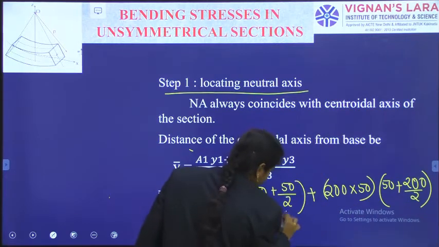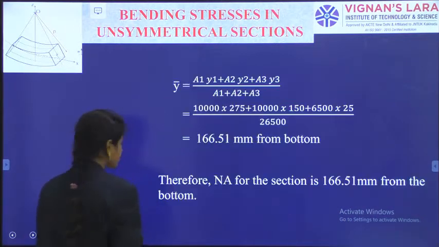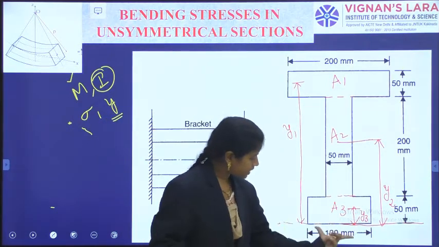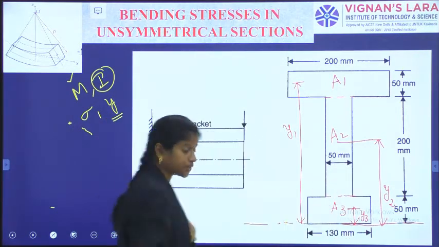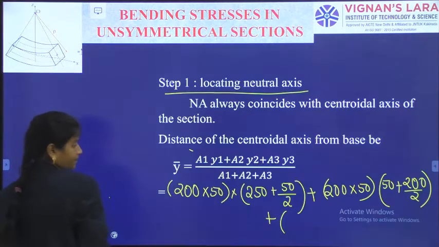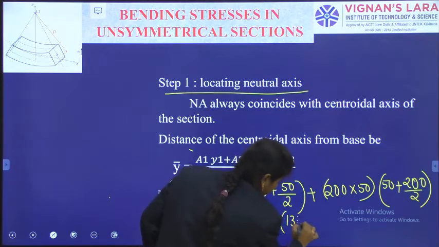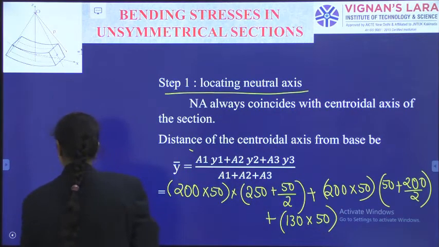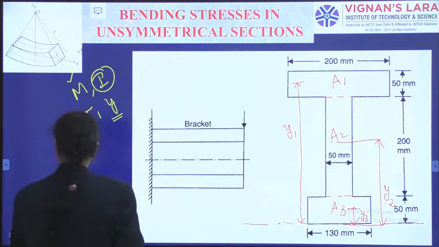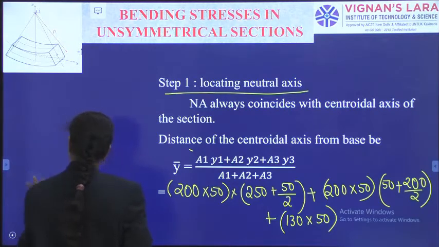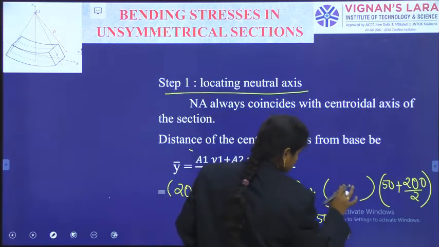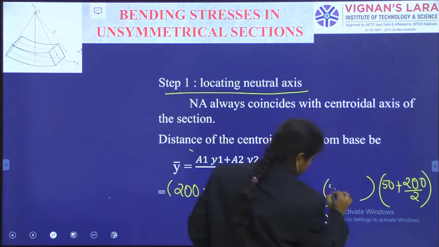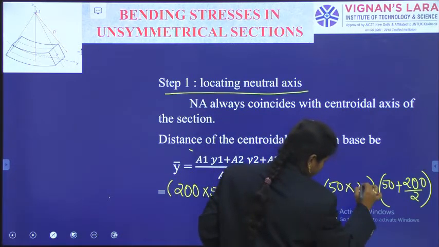And then the next area. The next area is the third one, that is 130 into 50. Only for reference I am writing 50 into 200, because B by D we will write, right?